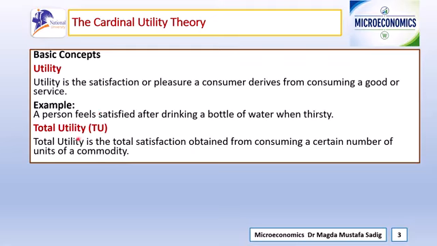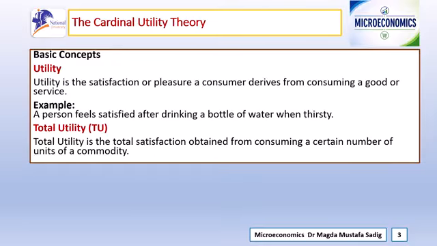Next, we have total utility. Total utility is the total amount of satisfaction obtained from consuming a certain number of units of a commodity. Suppose you eat several slices of pizza. Each slice contributes some satisfaction. When we add together the satisfaction from all slices consumed, we obtain total utility.